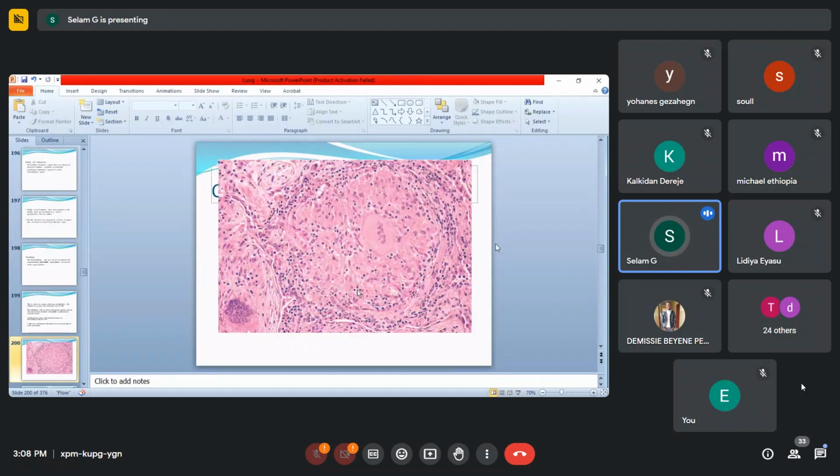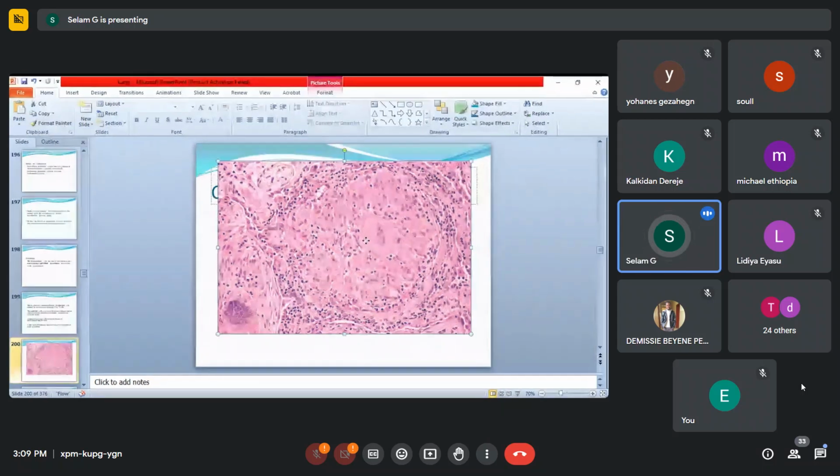These are epithelioid histiocytes with abundant cytoplasm, and these histiocytes may coalesce to form multinucleated giant cells. Peripherally, you see these smaller dark bluish T lymphocytes, and you may even find some fibroblasts here and there. So you don't see caseous necrosis at the center of the granuloma, which is typically the case in tuberculosis.